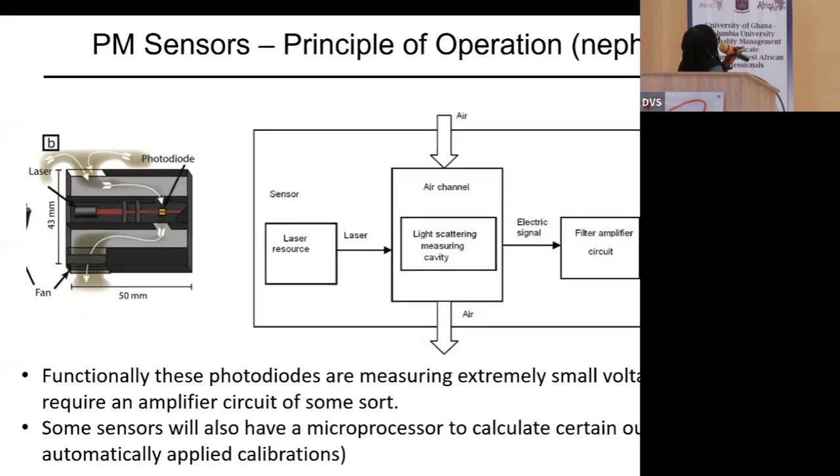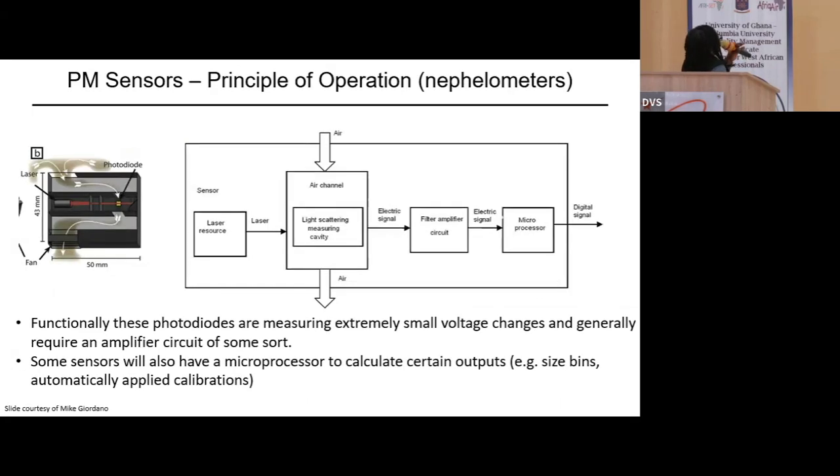So the light source is here, and then the air channel that brings in the air, the dust, and all those, and then the light scattering happens there. And so that scattering is recorded. You'll have the electrical signal, and many times it could be very low concentration, and so you will need a filter and amplifier circuit to amplify the signal for it to be processed, and then you have the final result out there.